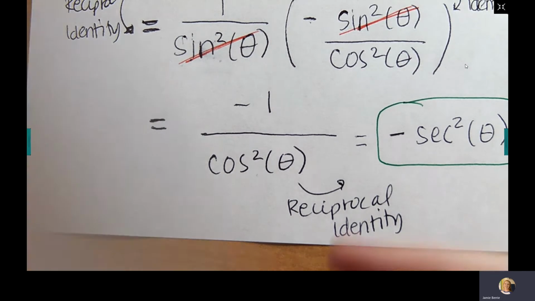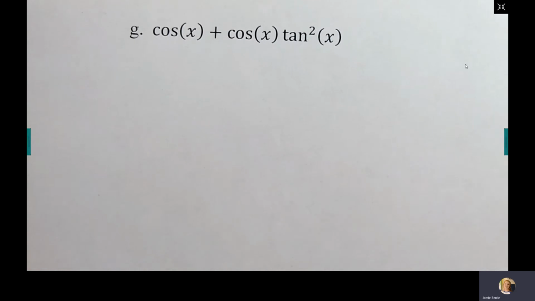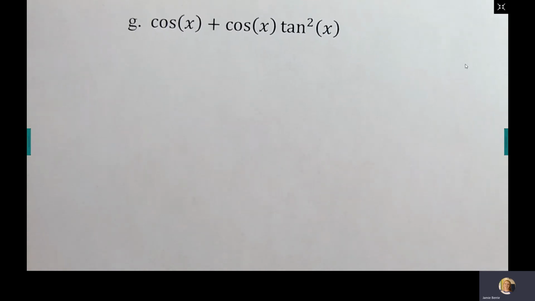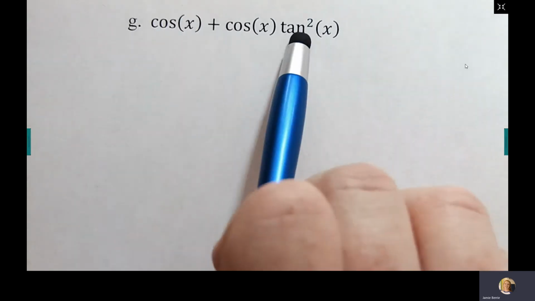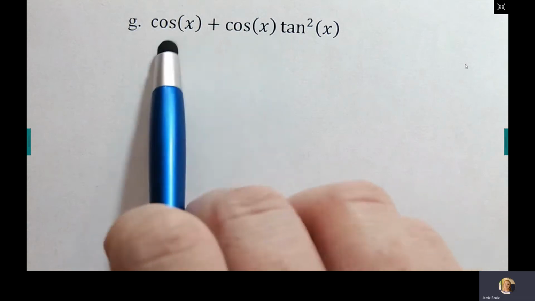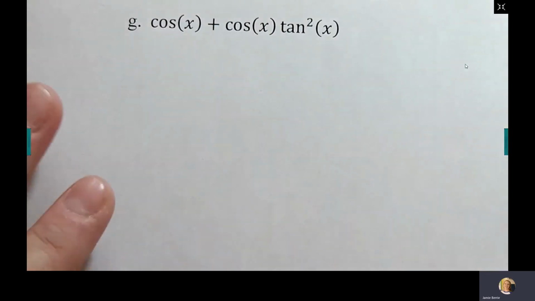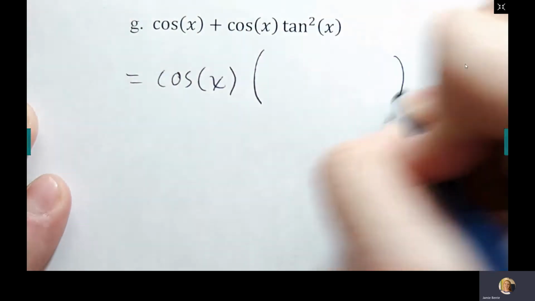This next one is sort of similar to our last one. And I say that because you can see we have a cosine here and a cosine here. So we're going to have to pull out a cosine. So just like we did with that cosecant, we're going to factor it out. It's going to come out front. So the cosine x is going to come out front. Then write your little parentheses.